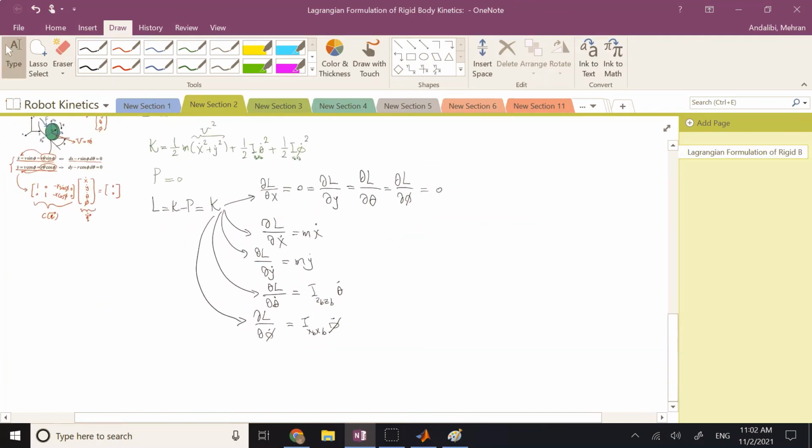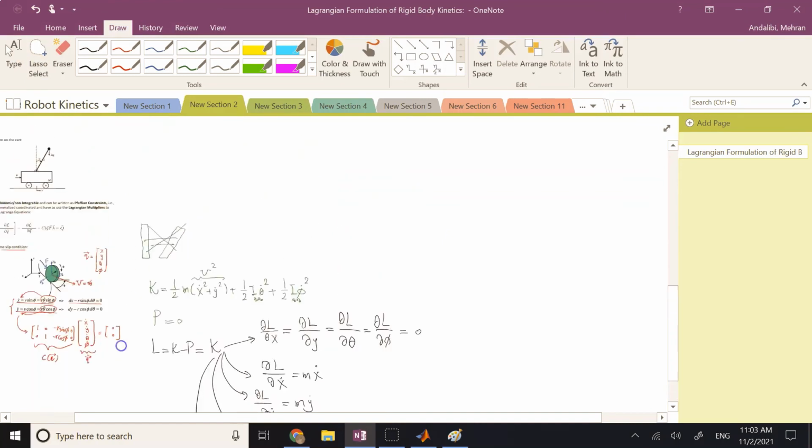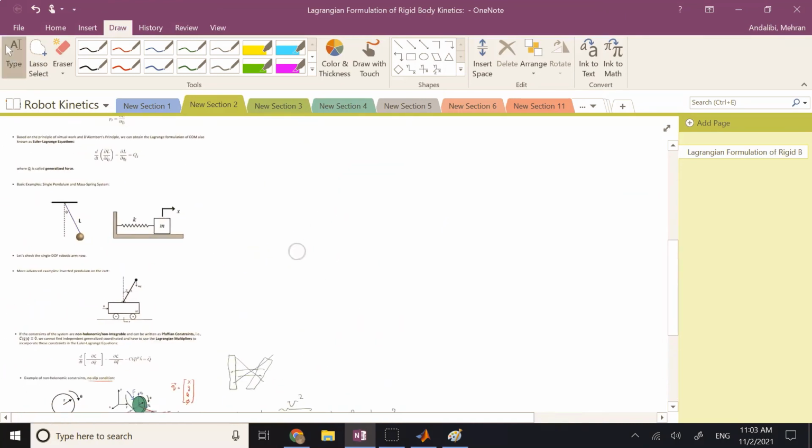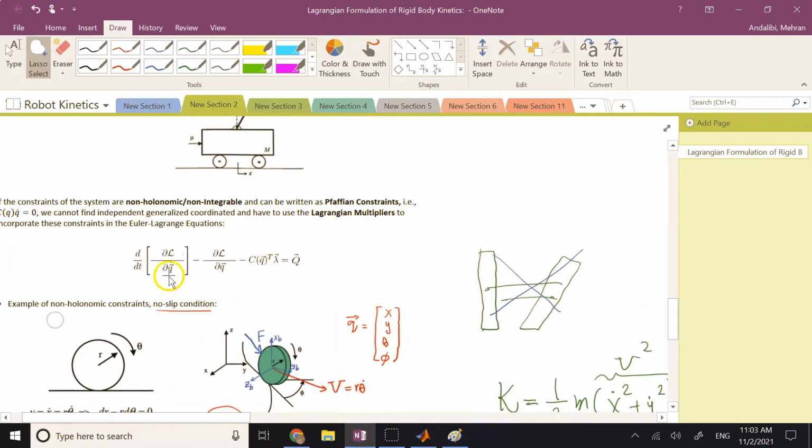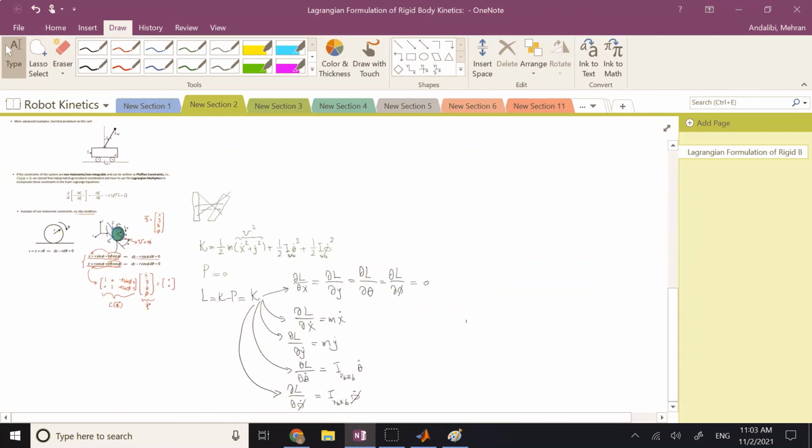So here we go. I found all of my partial derivatives now with the constraint, and now I can use the relations that I had, this guy, and derive my equations.